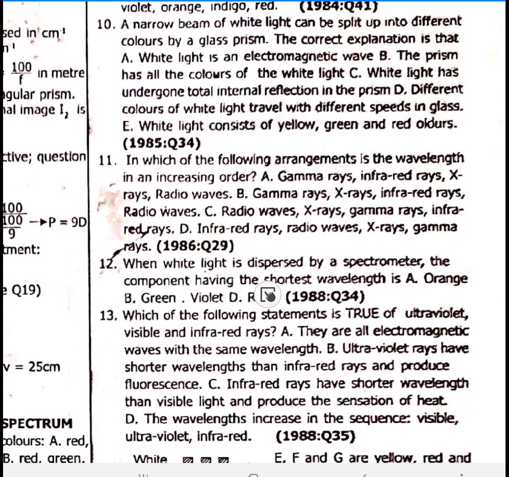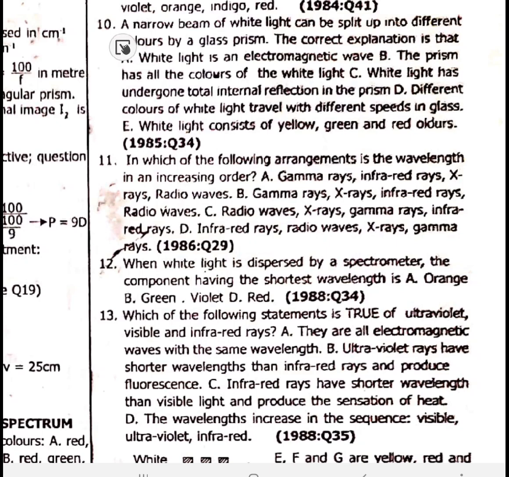Number twelve. When white light is dispersed by a spectrum, the component having the shortest wavelength is... I think that's number twelve. Wait, we did ten.